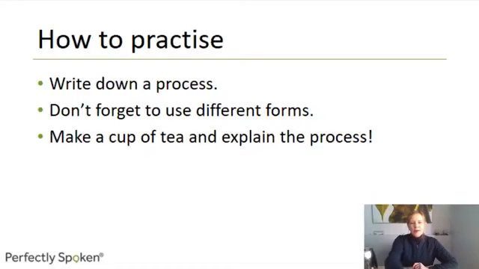You can use need to, want to, okay? So try to expand your language by practicing with all the different types of vocabulary and the types of verb forms we used today. Okay, and finally, my last suggestion, make a cup of tea and explain the process.